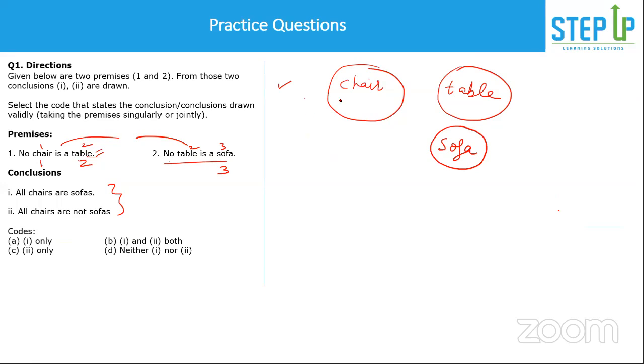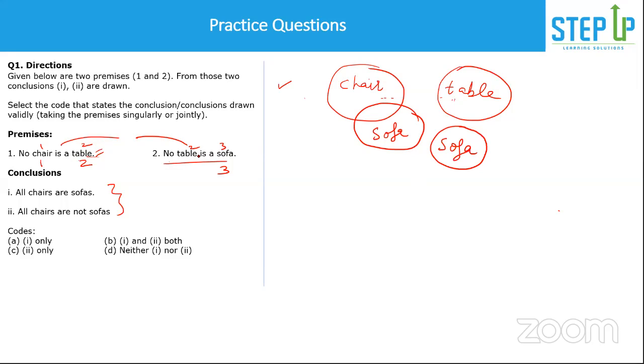The first diagram I have drawn, no overlap. Second, it says no table is sofa. Now between table and sofa, the relationship is that no table is sofa. But this sofa can be here. Can the sofa be here? It can be, because you cannot assume anything.